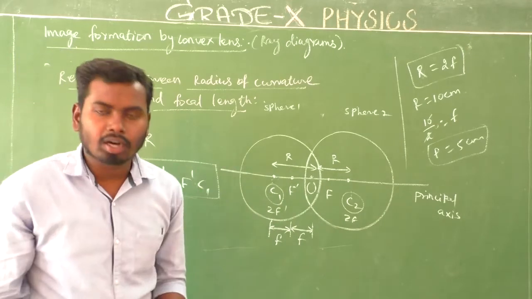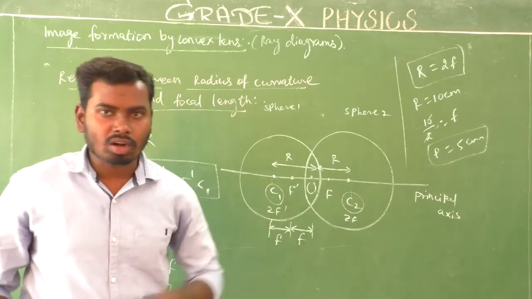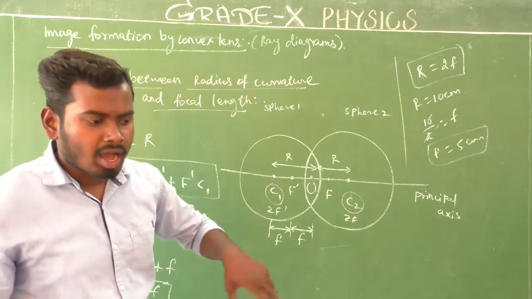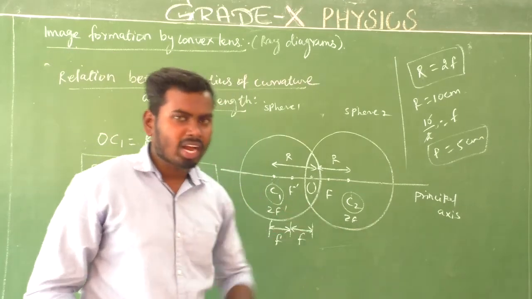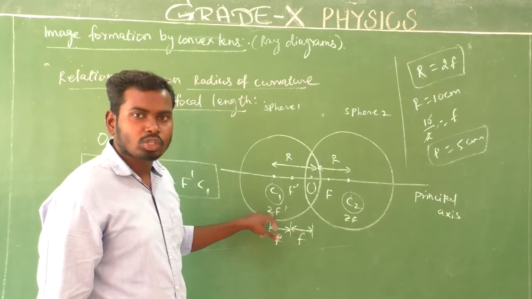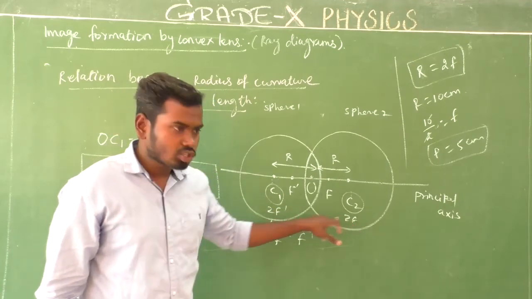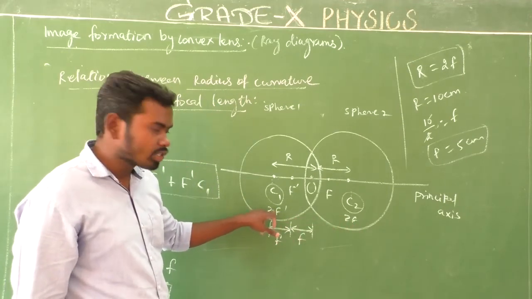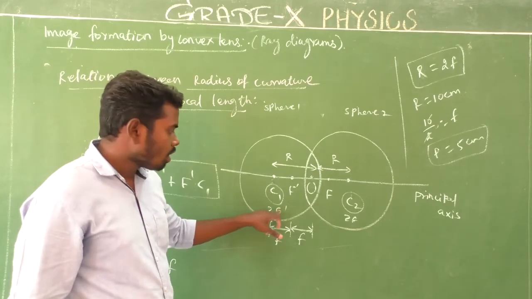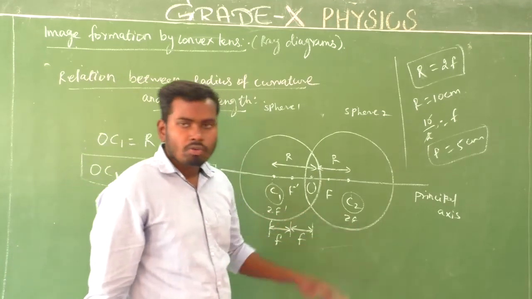If you take center of curvature, it is not wrong, that is also right. But for my convenience, I am going to take this as 2f dash, that is 2f. What is 2f? 2f means nothing but twice of its focus, which means twice of its focal length. Here also twice of its focal length.